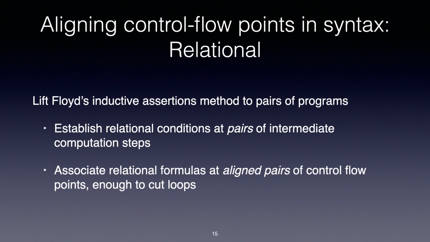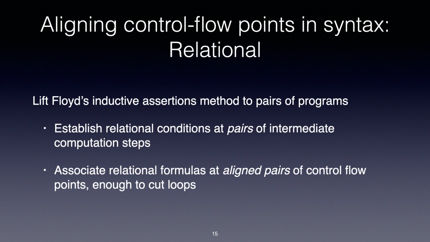Now, we want to lift Floyd's inductive assertions method to pairs of programs, right? Because we are dealing with the relational case, so we have pairs of programs, and we want to lift Floyd's inductive assertions method to that. What that means is that we have to establish relational conditions at pairs of intermediate computation steps.